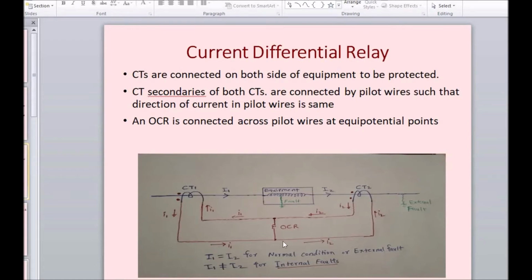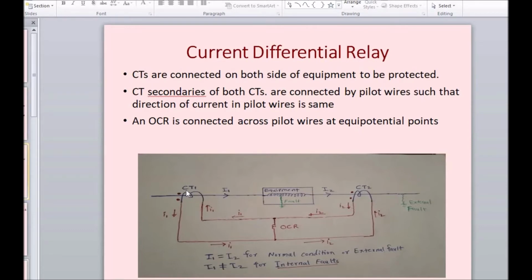These red ones are the pilot wires, but they are connected such that the direction of current in the pilot wires is the same. Means if you observe these pilots, the direction of small i1 due to CT1 secondary and small i2 due to CT2 are both the same in the pilot wires.